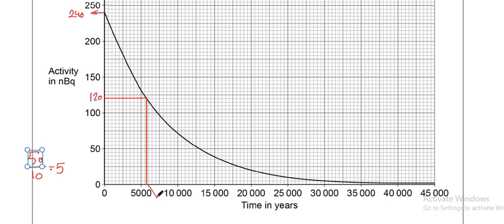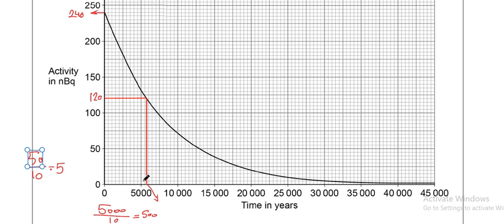To know the value of this half-life time, we need to know what value a small square has. Here 10 small squares represent 5,000, so 5,000 over 10 will be 500.